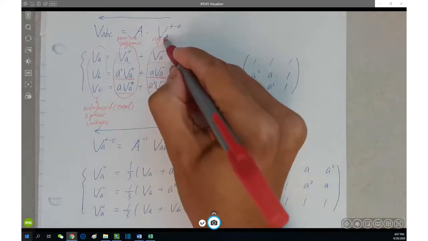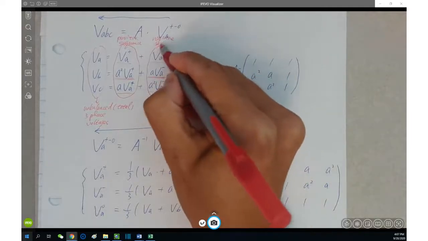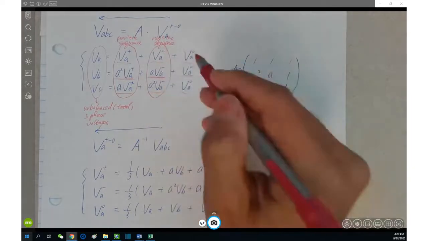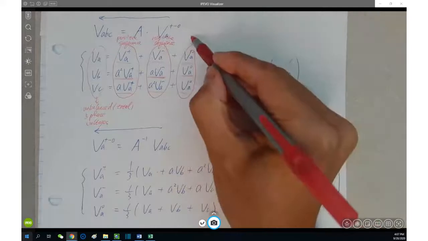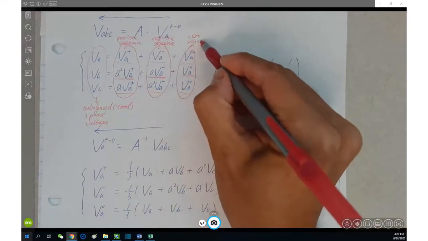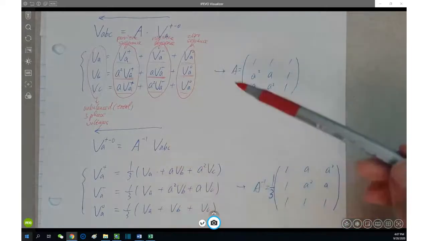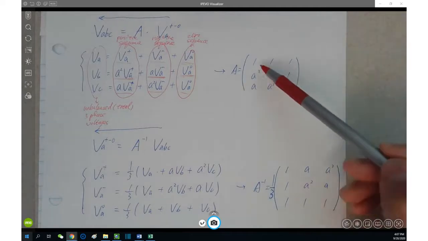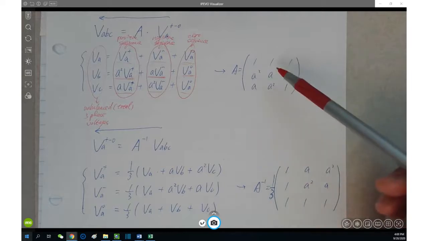Negative sequence components for phase A, B, and C. These are zero sequence for phase A, B, and C. Right? So writing a matrix A with these entries, we are able to find what?